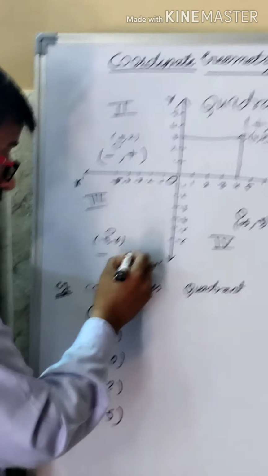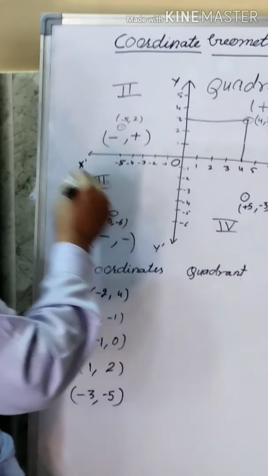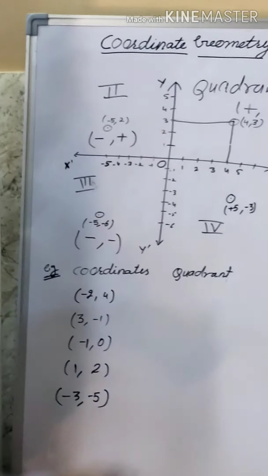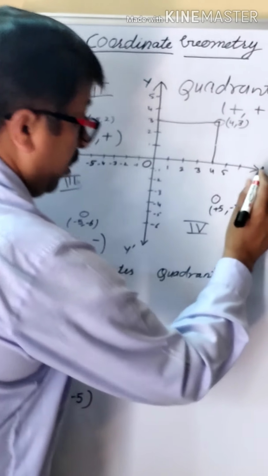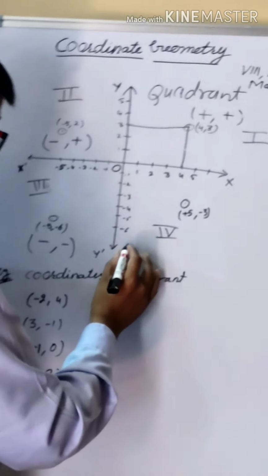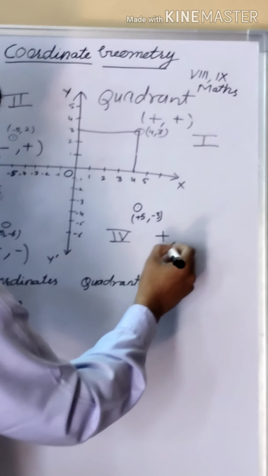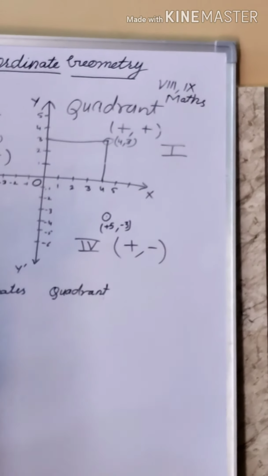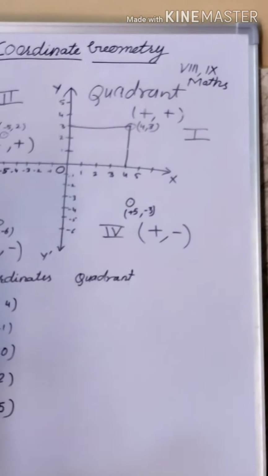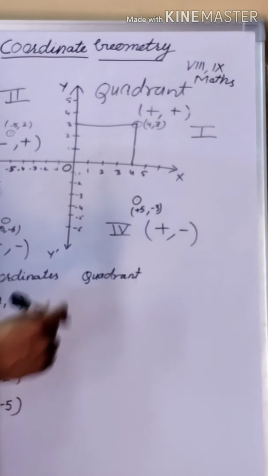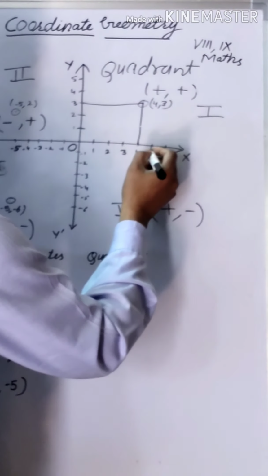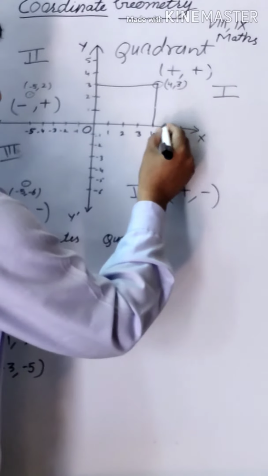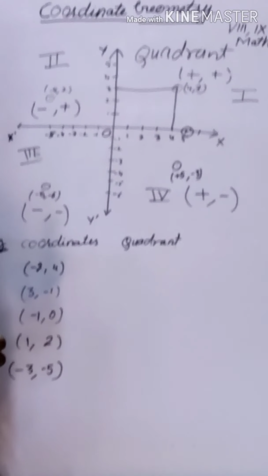If x is minus and y is also minus, it will lie in third quadrant. If x is positive and y is negative, then it will lie in fourth quadrant.